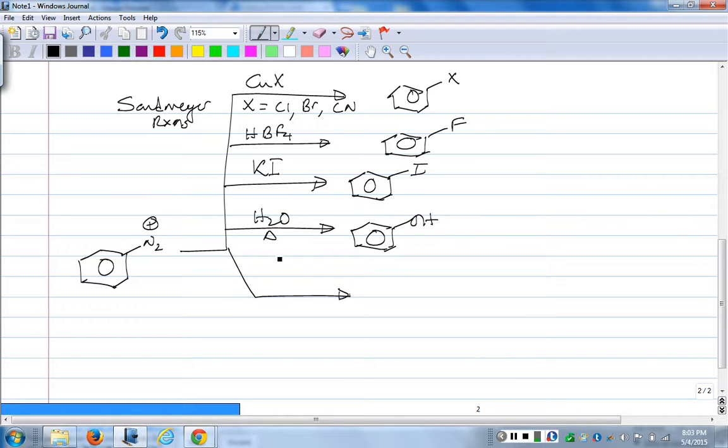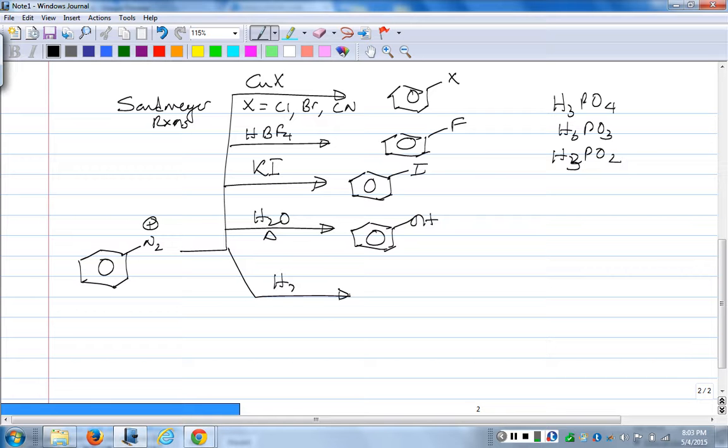If I treat this with phosphorus acid, so you remember H3PO4 is phosphoric acid, H3PO3 is phosphorus acid, H3PO2 is hypophosphorus acid.